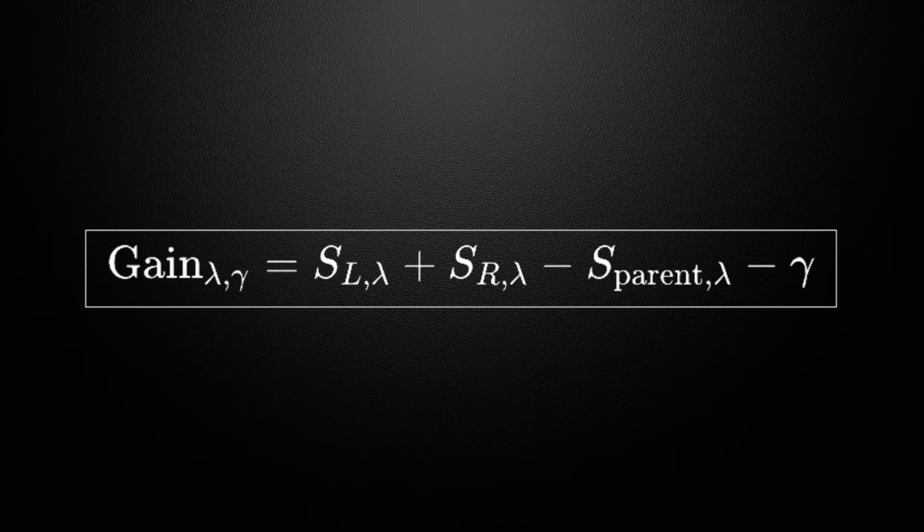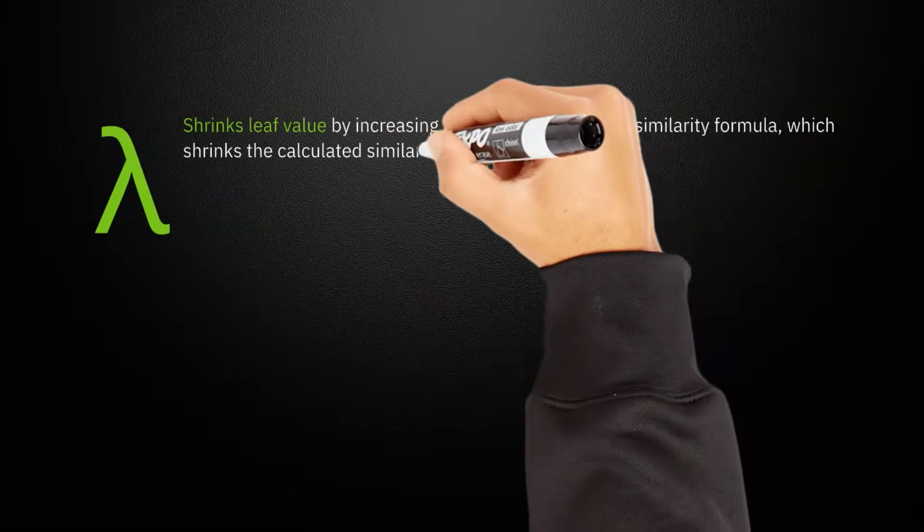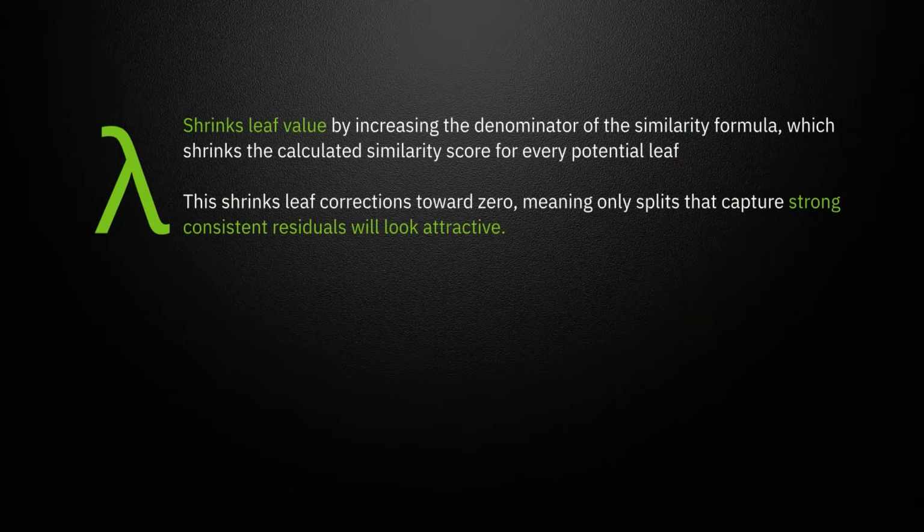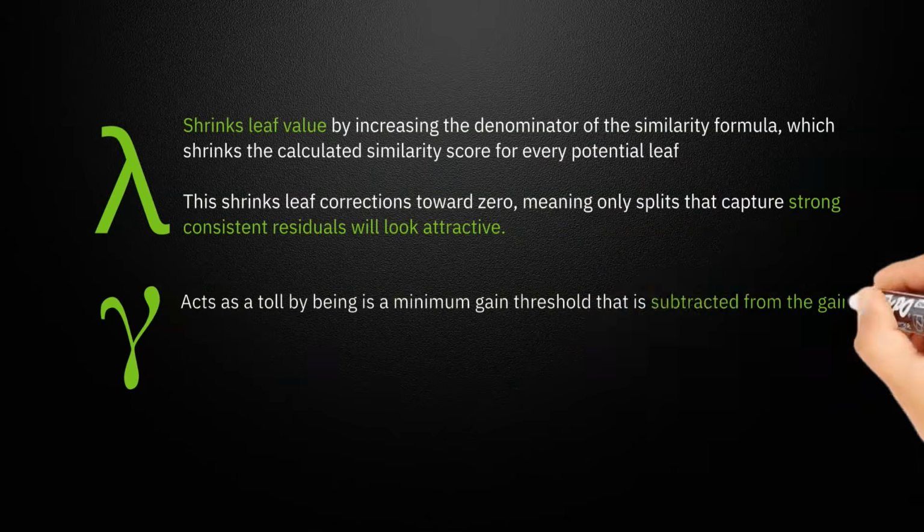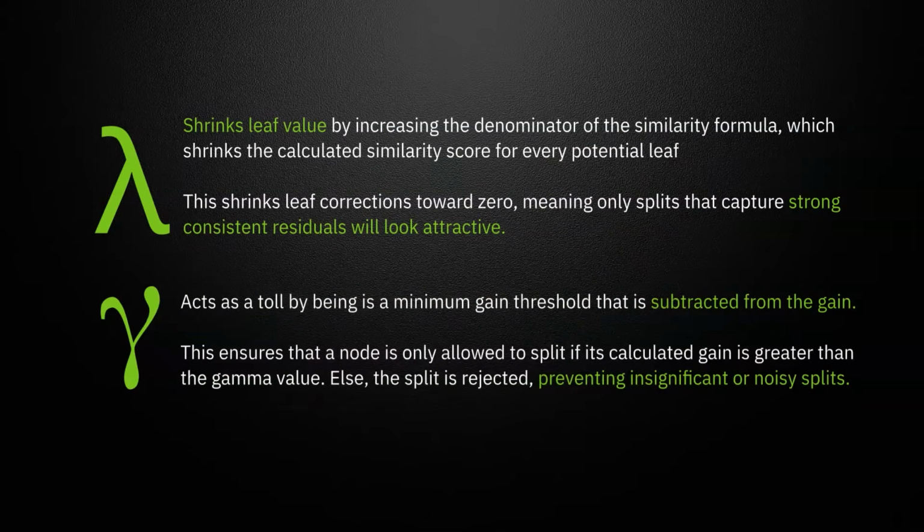Otherwise, the gain becomes negative and there's no point in splitting the tree further. The idea is that lambda shrinks leaf corrections towards 0 and gamma charges for making a new leaf. Together, they discourage tiny, noisy splits and keep the tree modest.